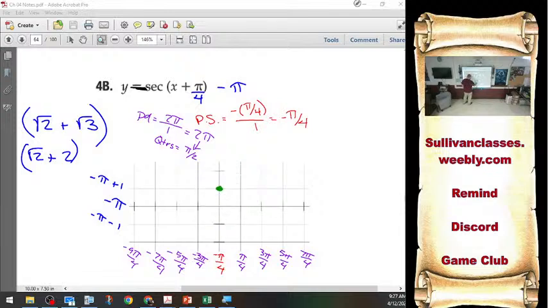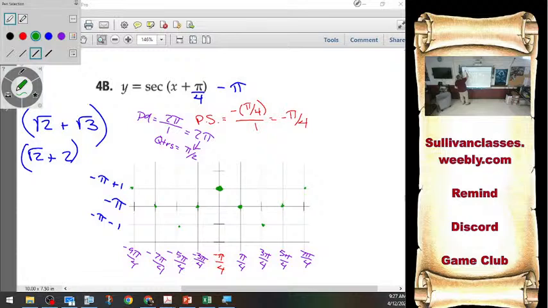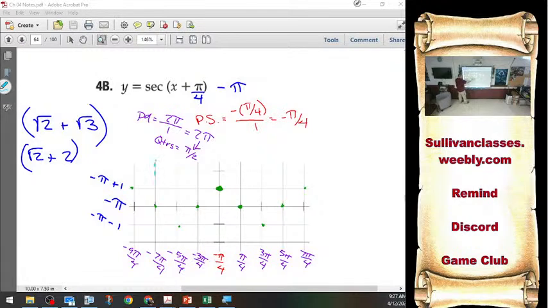So just saying, if that happens. Okay, and then middle down, middle up, middle down, middle up. Intercepts become asymptotes. Maximums become minimums. Minimums become maximums.